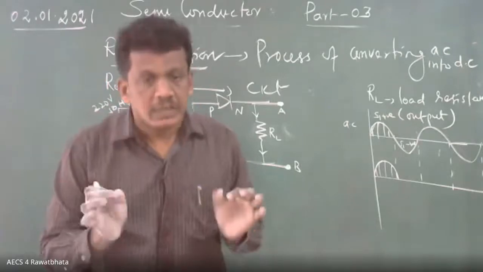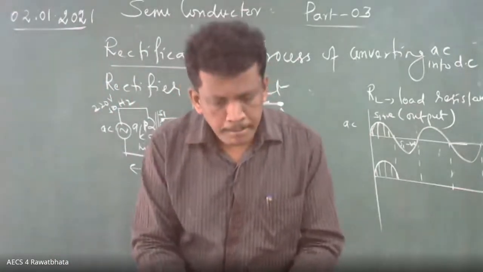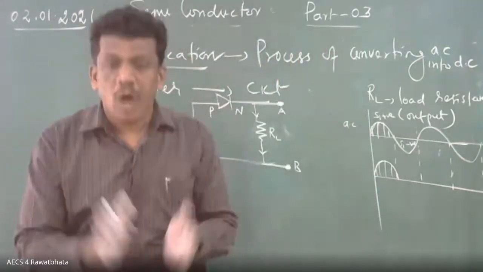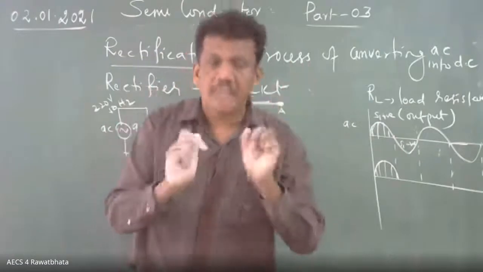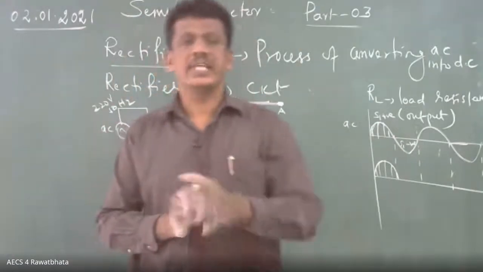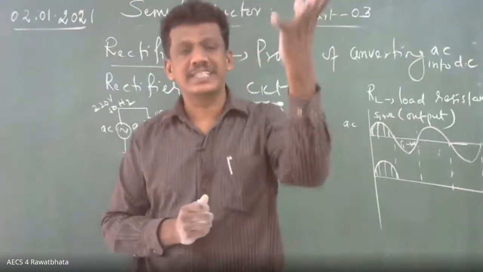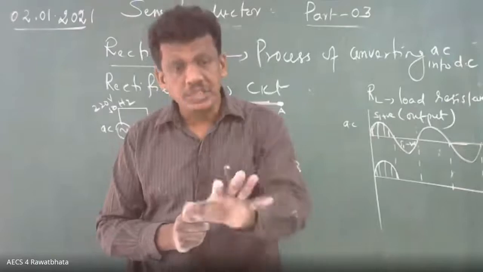Reverse bias, which means no conduction due to majority charge carriers. You may be asking, sir, there is conduction due to minority carriers. How much current? 10 power minus 6 ampere, versus 10 power minus 3 in majority, a thousand times more.